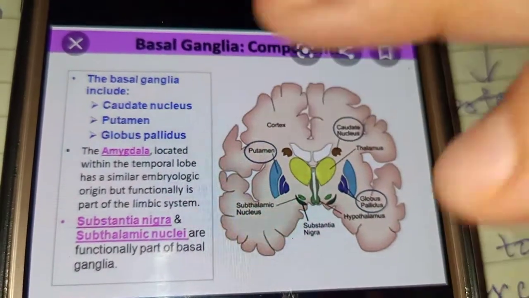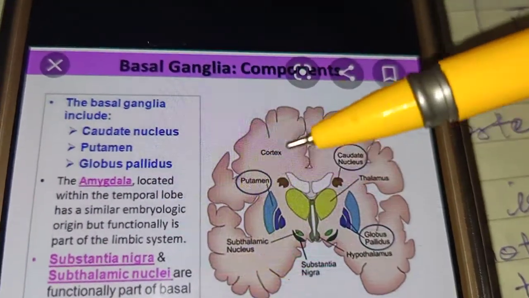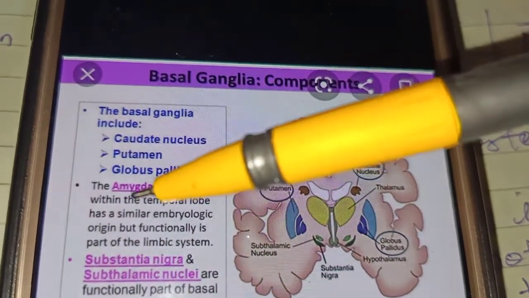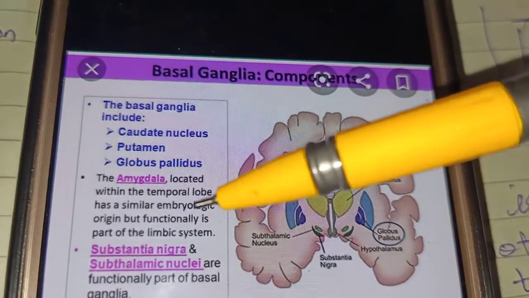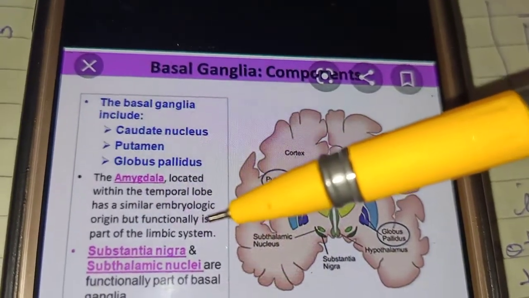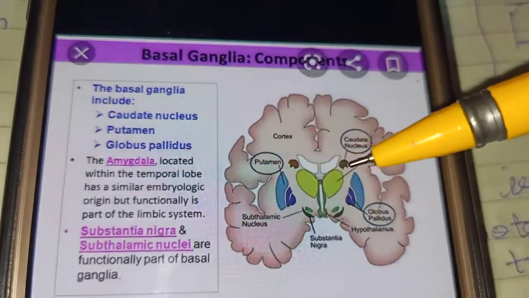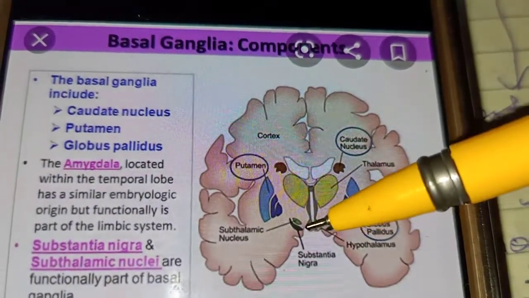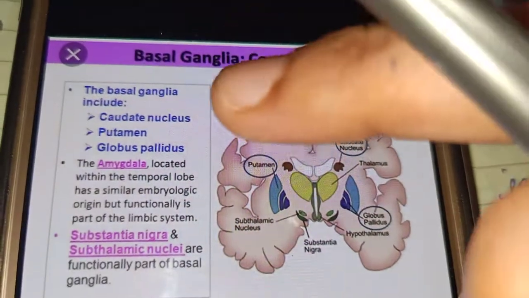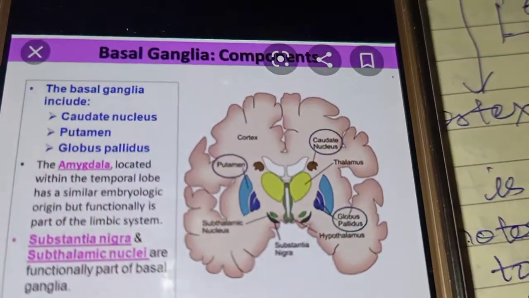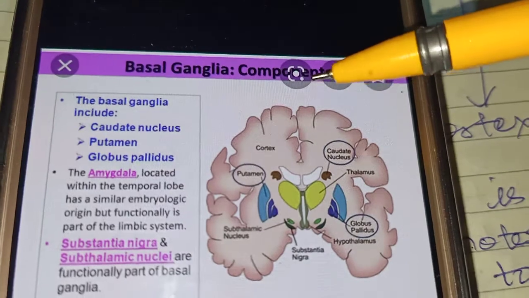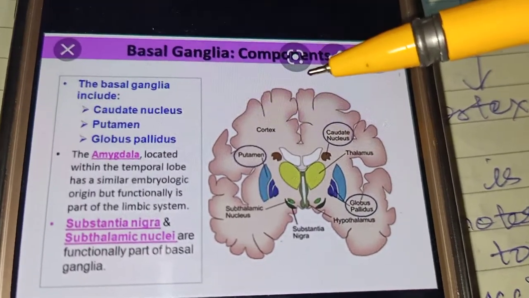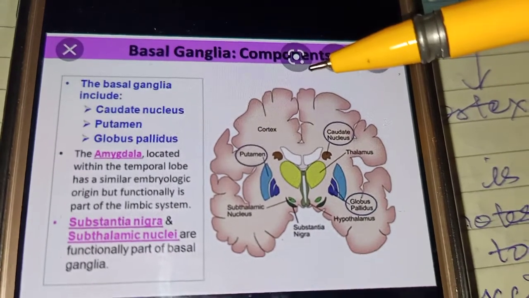There is the amygdala, which is located within the temporal lobe and has a similar embryologic origin, but functionally is part of the limbic system. Next is the substantia nigra, and the subthalamic nucleus. So please remember the important components of basal ganglia, which is also known as the basal ganglia pathway or thalamocortical pathway.